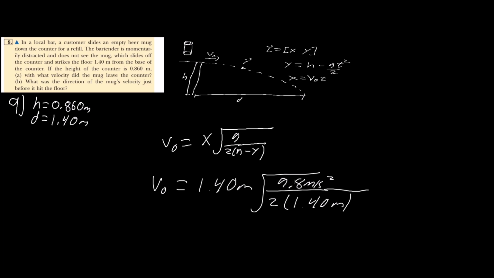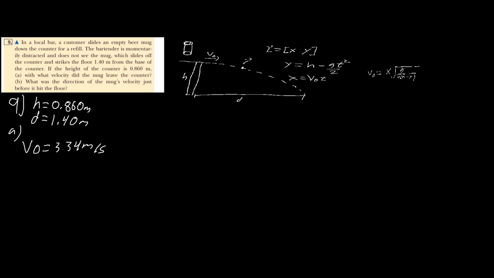We're going to put Y as 0.860. I like to store it. Doesn't really matter how you guys store this. And we're going to put the whole thing: the square root of G X squared divided by 2 times Y. And the velocity here, for part A, is going to be 3.34 meters per second.